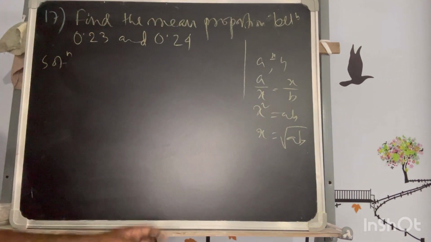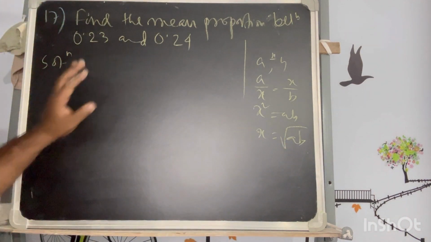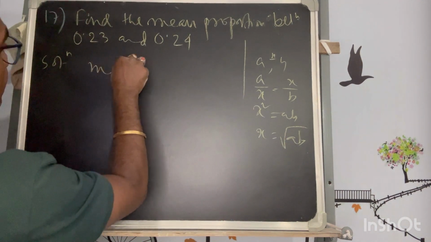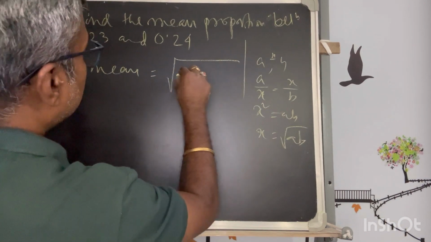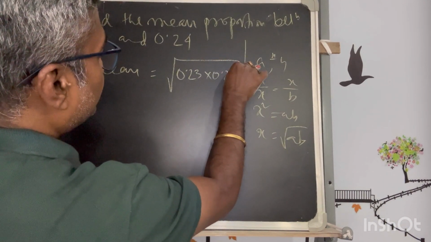So do the square root of the product of the extremes, that is the rule. So the mean you can get directly by doing multiplication and the square root of these two.